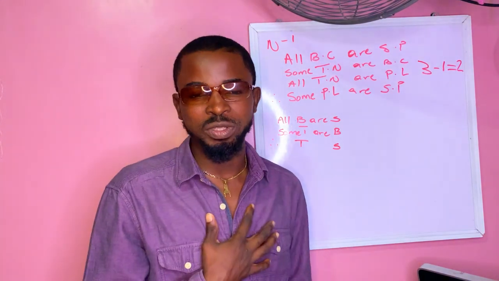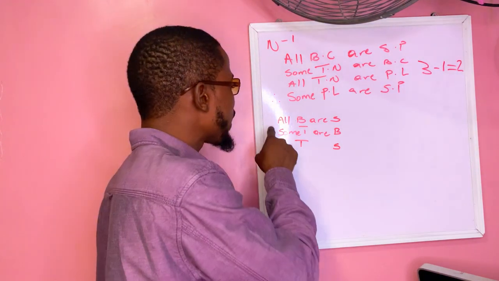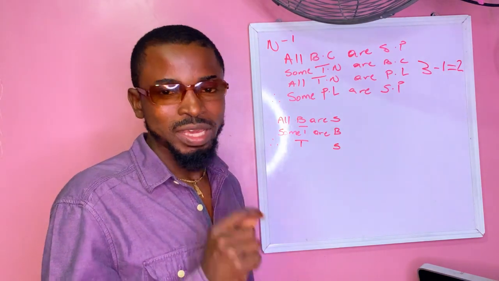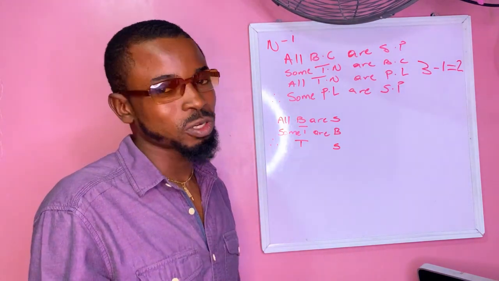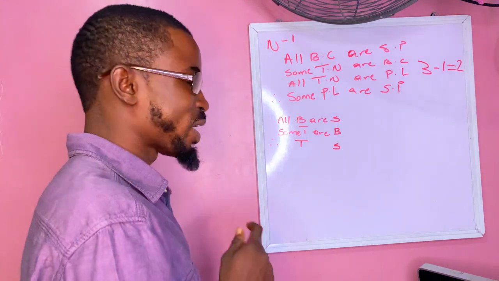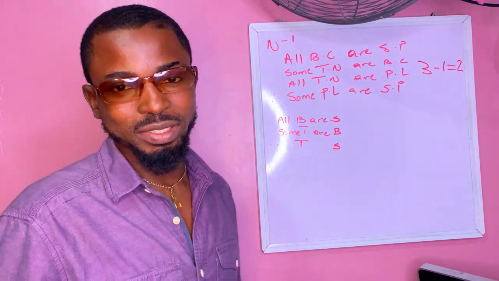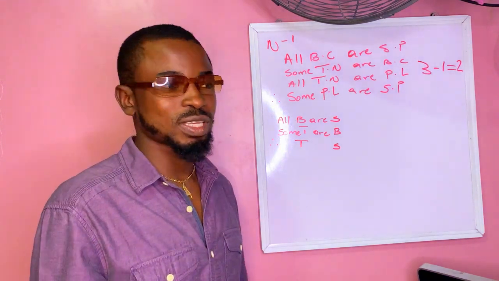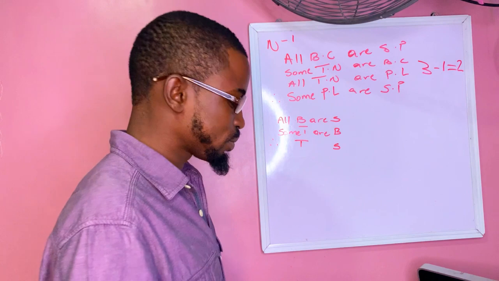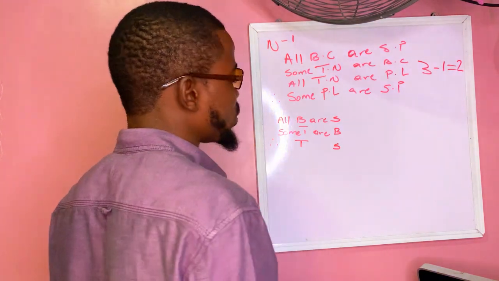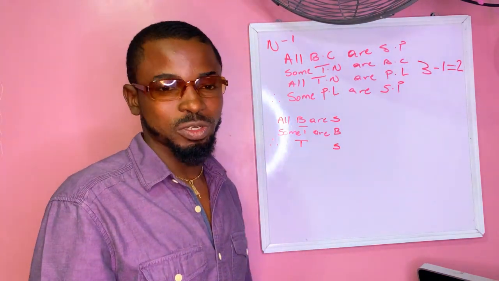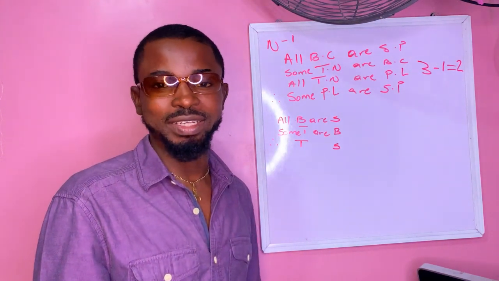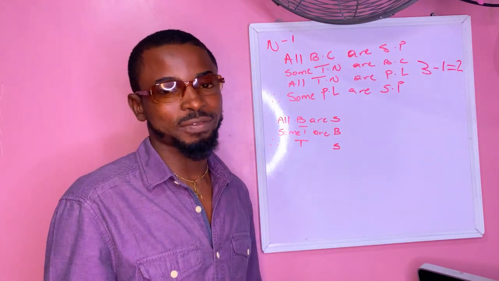But the first thing you should put at the back of your mind is that whenever there is a particular proposition in any of the premises, then the conclusion must be particular. Don't forget that when we did existential import, we said universal propositions have existential import, but particular propositions do not.